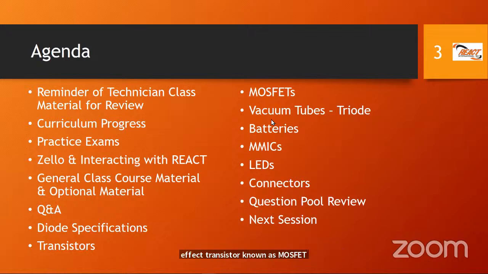Then we will discuss vacuum tubes and specifically the triode. We will also talk about batteries, and then we will also deal with what are MMICs. Then we will discuss LEDs, and we will end the theory talking about some of the connectors that are typical in amateur radio work.